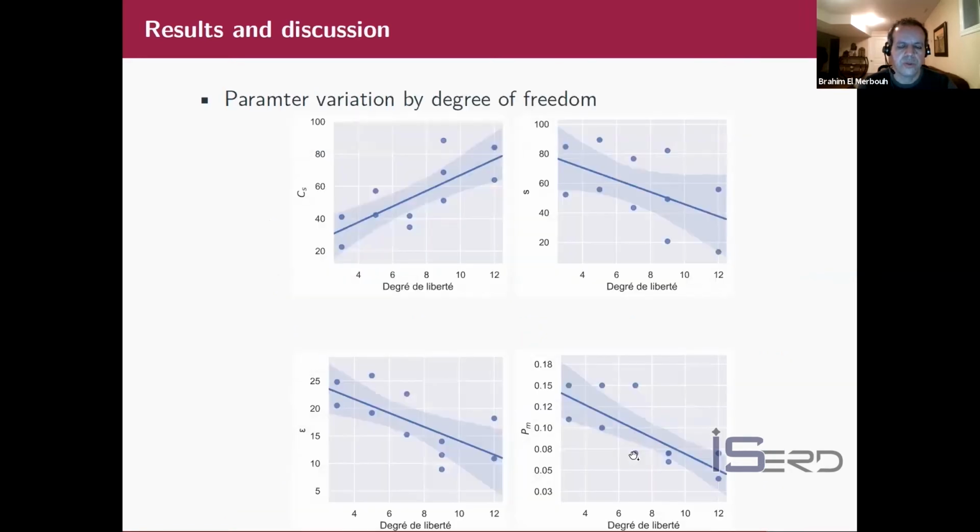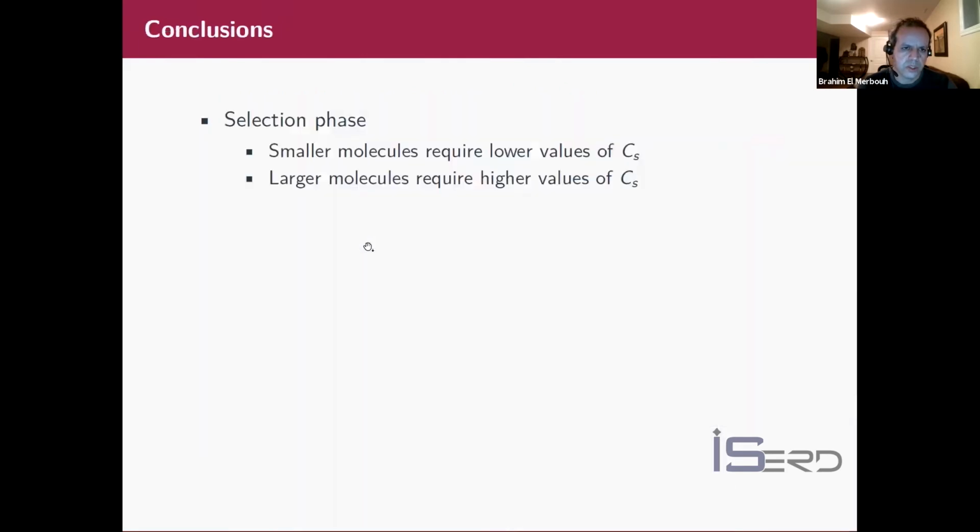For the variation of those parameters as a function of the degrees of freedom, we have found that 3 of them have the same trend variation, except for the crowd-in selection size, which has the opposite variation. So as for the conclusion of this study, for the selection phase, smaller molecules require lower values of crowd-in selection size, and larger molecules require higher values of this parameter.